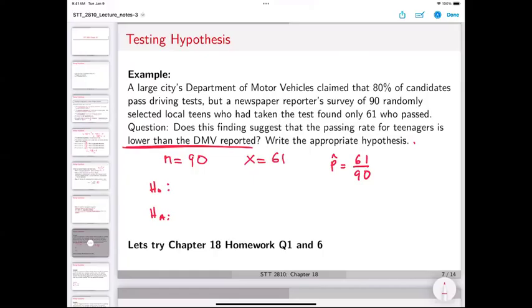Based on this problem, p is less than what did the DMV report? 80%, 0.8. If you get the alternative, the null is always easy. p is equal to 0.8.